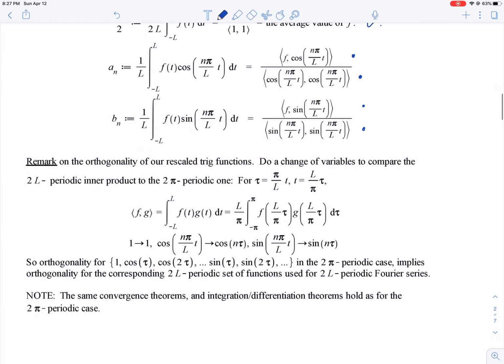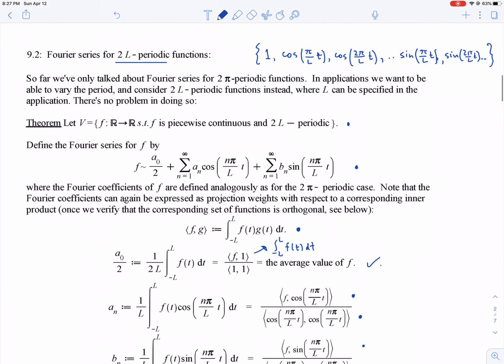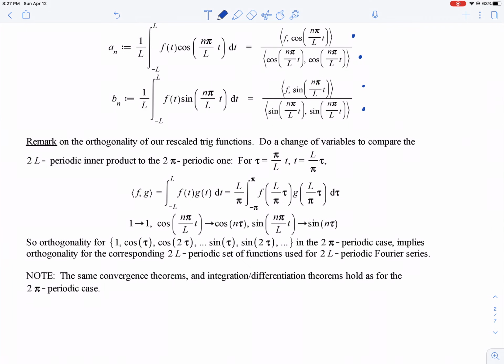Okay, so let's check that the orthogonality of our new set of sinusoidal functions just follows from the original orthogonality for 2 pi periodic ones.